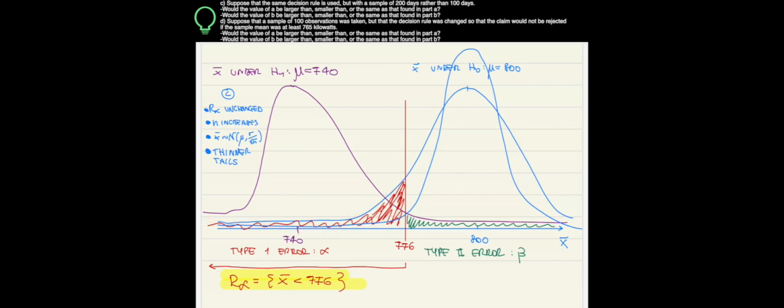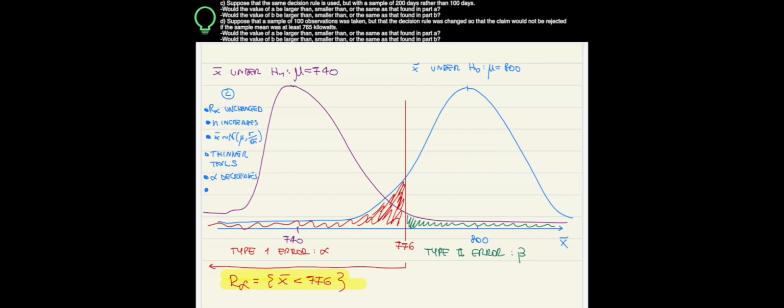So let me delete this because I don't want to ruin our plot. However, I hope you get that we got thinner tails, and therefore alpha decreases. And the same is true for beta.